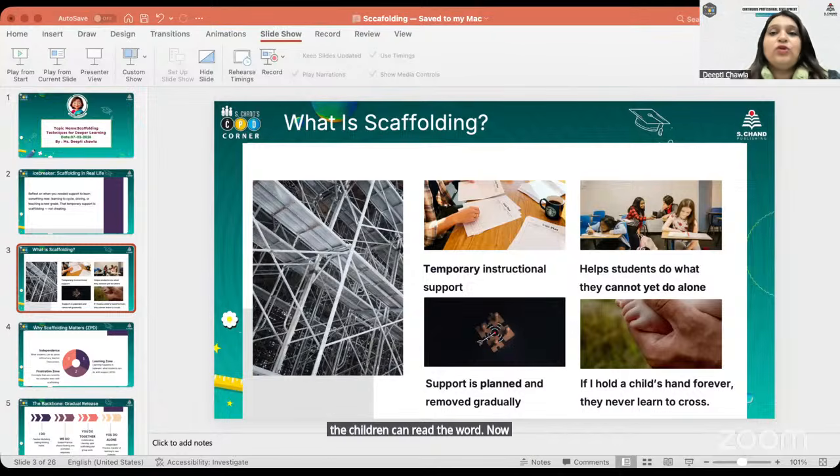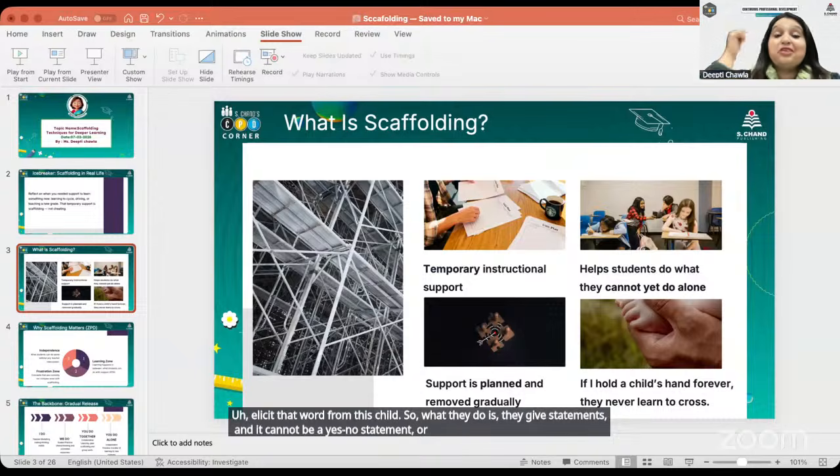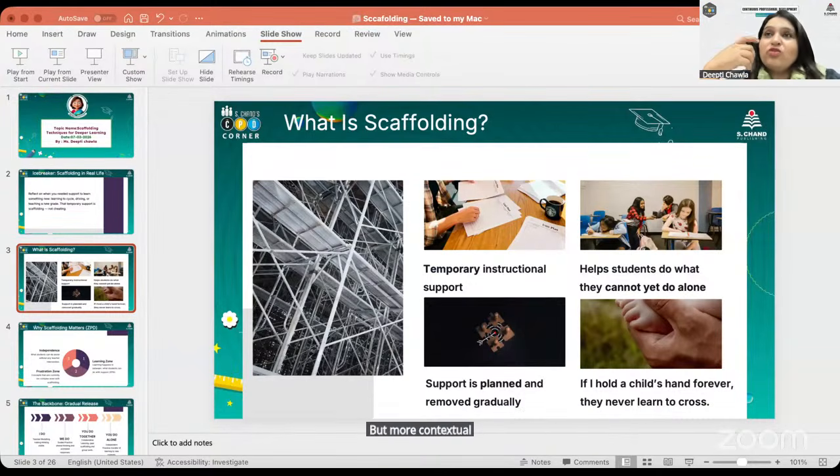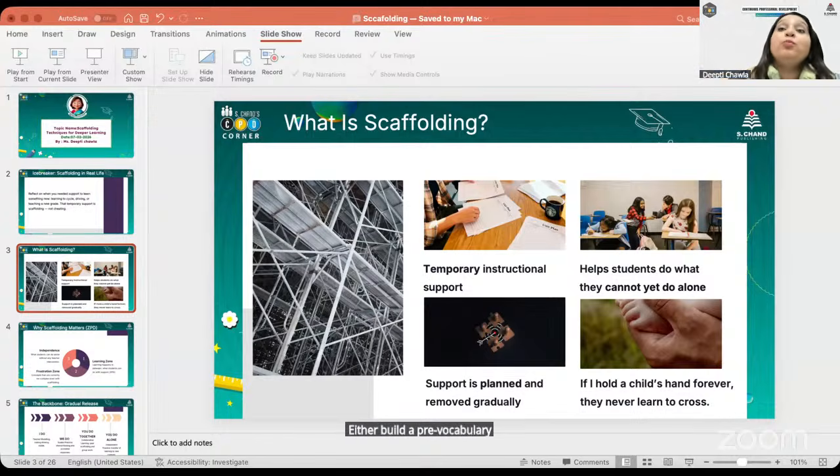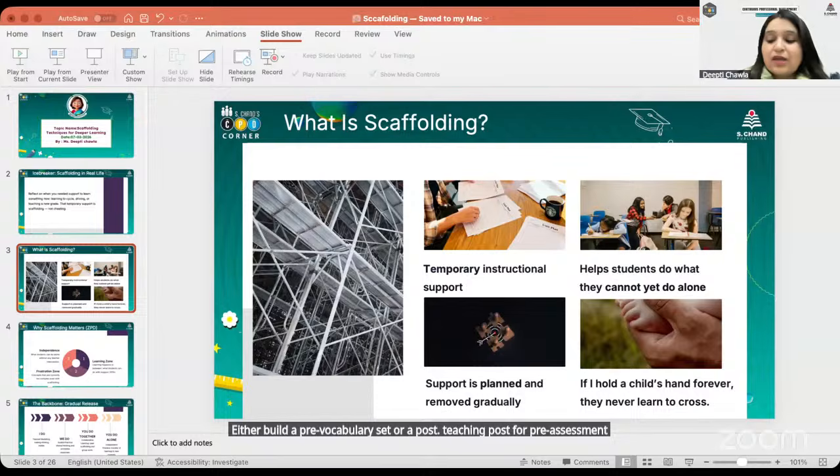Now they have to give 5 to 10 statements for this child to be able to elicit that word. The statements cannot be yes no statements or a direct meaning related to that particular word, but more contextual learning. That also becomes a very good game for them to either build a pre vocabulary set or a post teaching, or pre assessment type of task.